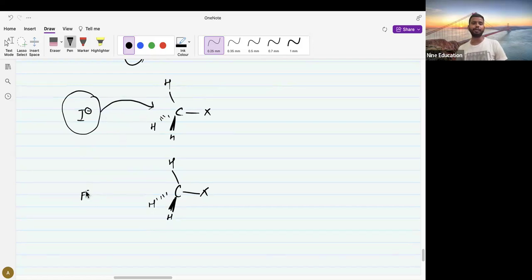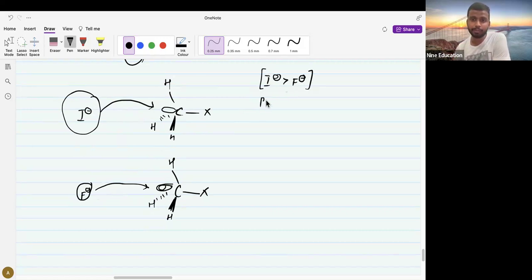And we have fluorine minus which is small size fluorine and goes and attacks on the anti-bonding sigma antibond. Because iodine minus is bigger in size than fluorine minus, and polarizability, you have learned in Fajan's rule that polarizability of iodine minus is more than fluorine minus.